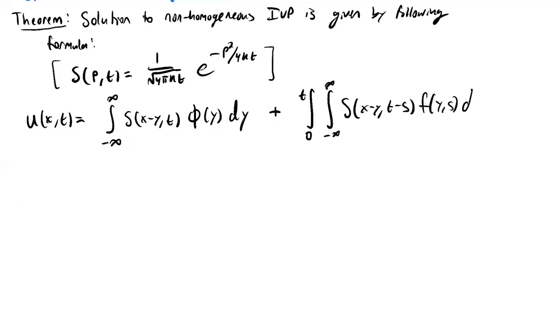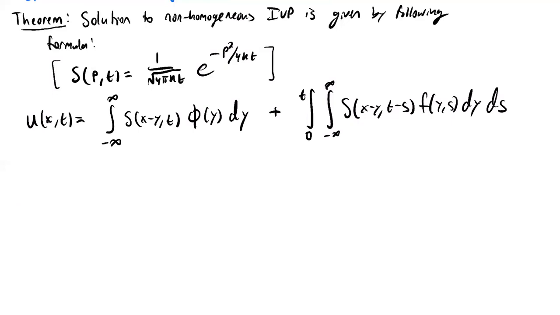Now we're integrating with respect to y and with respect to s. You want to think of s as a past history in time before t, and y as the spatial variable, so you end up with this double integral. This is the formula for the solution.